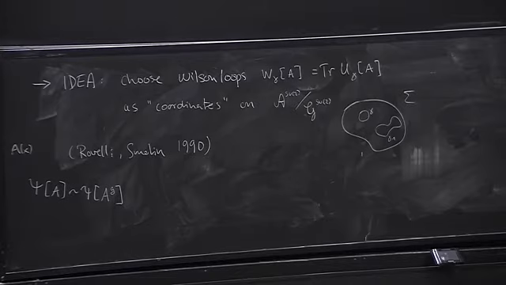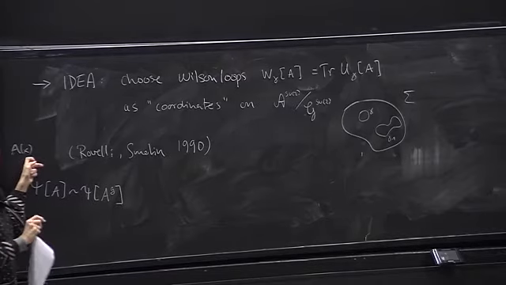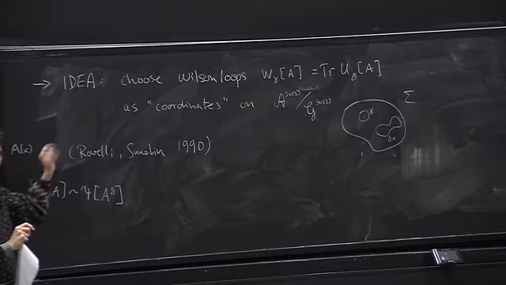And of course, there are many, many, many loops. Of course, also infinitely many. But things now depend on a loop label rather than a point label. So you can already imagine that there's a lot of redundancy in there, and that has to be taken care of, also then in the quantum theory.